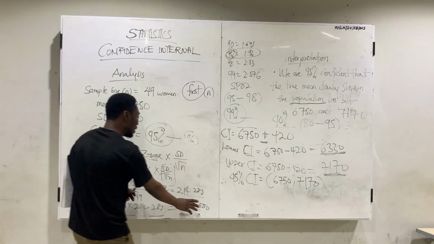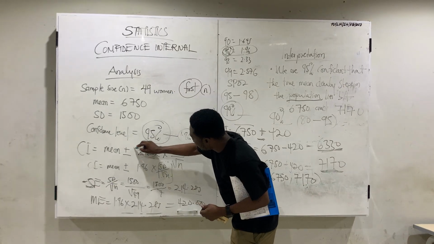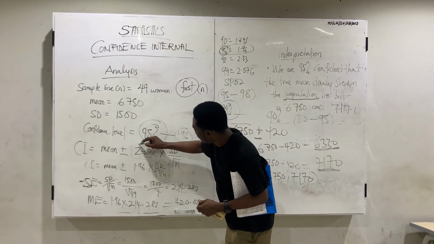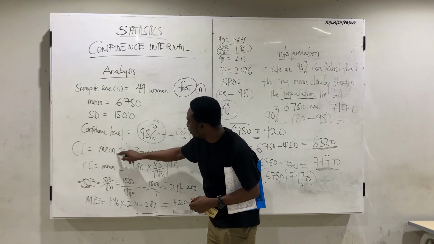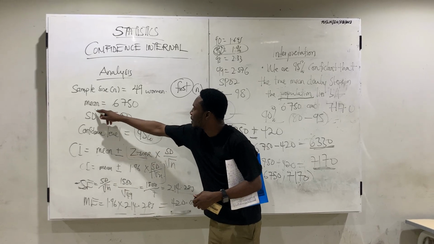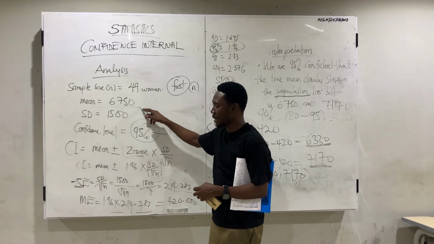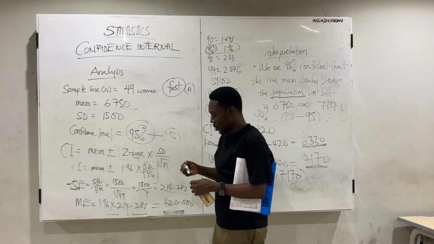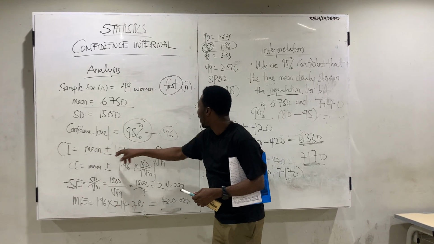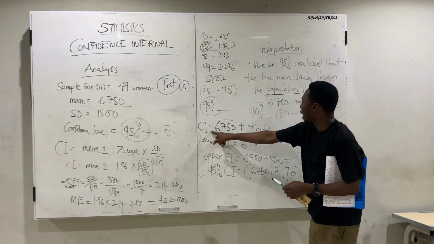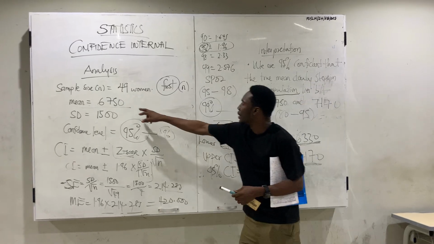So this 420 represents the margin of error. What it means is that you now know the mean. The mean is already in the question; it will always be given to you in the question. So you write the mean plus or minus the margin of error. So CI is equal to the mean, this is the mean.